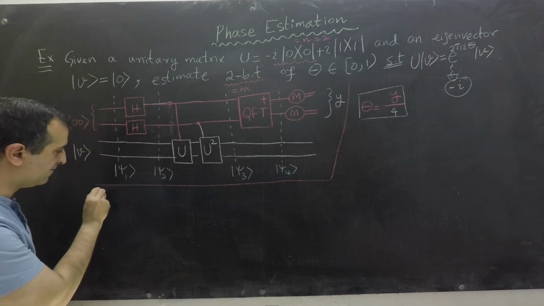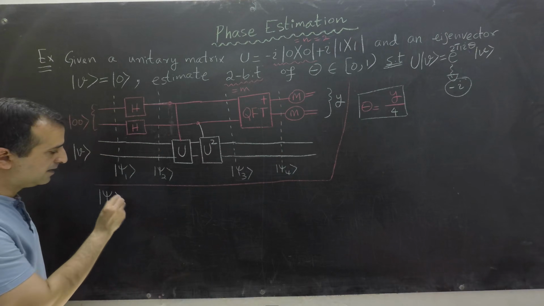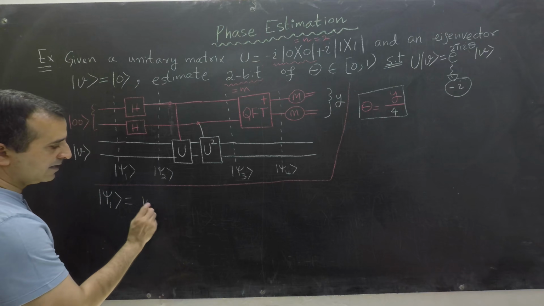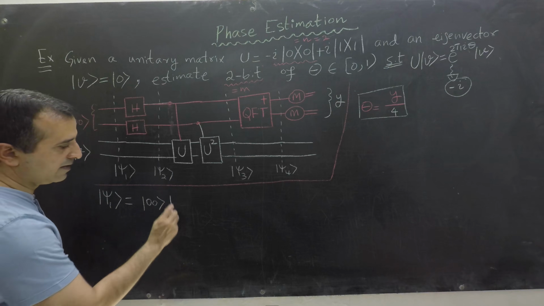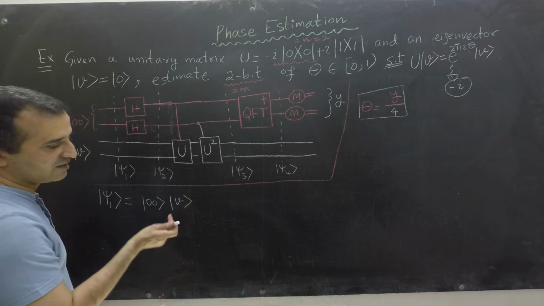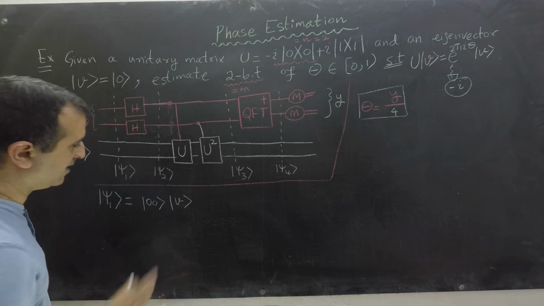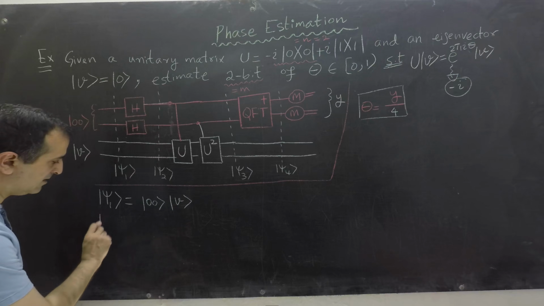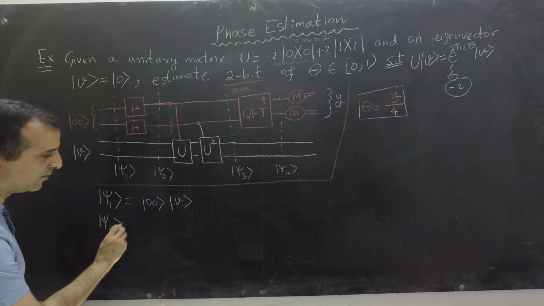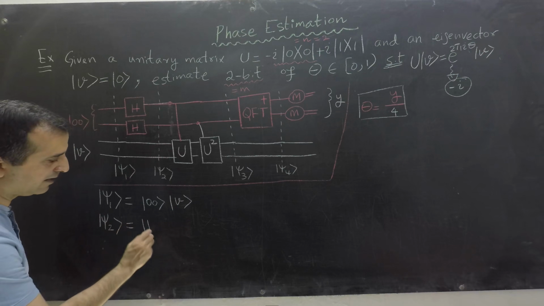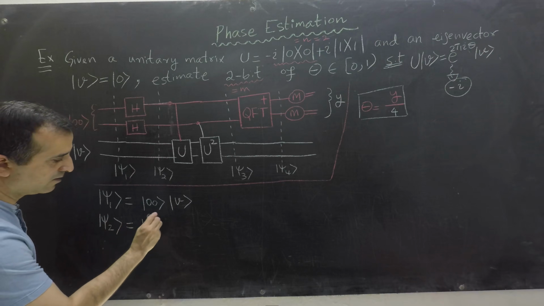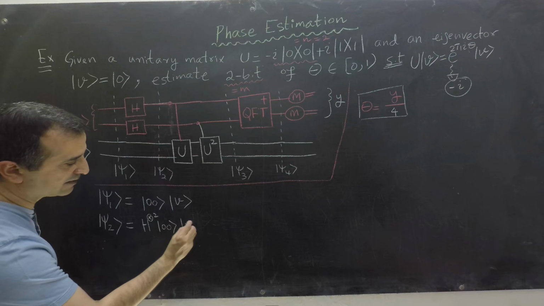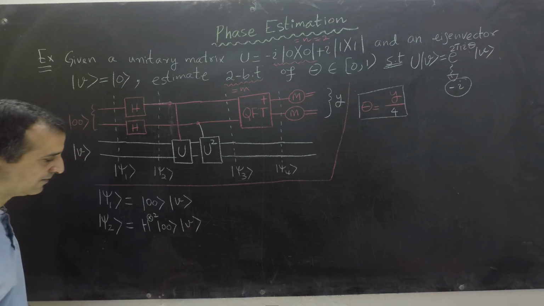My |psi 1> is equal to |00> and the eigenvector v, which is also equal to |0>, but I'm writing v here for the time being. For |psi 2>, I apply Hadamard gate on the first register while keeping the second register untouched.